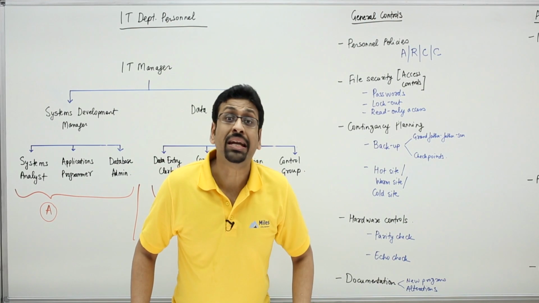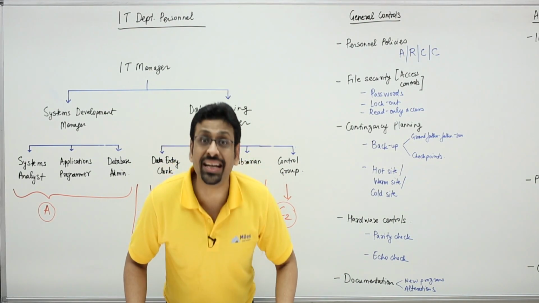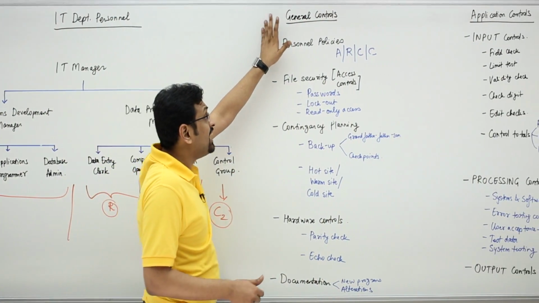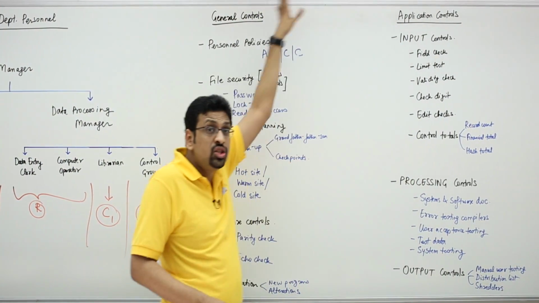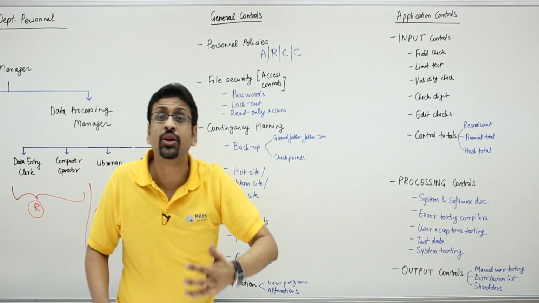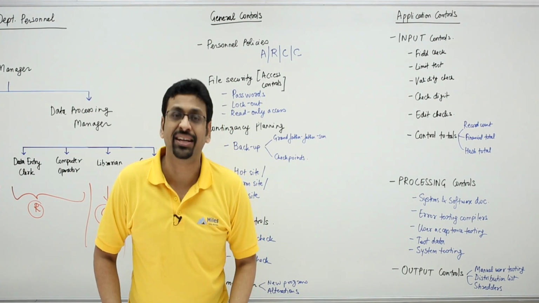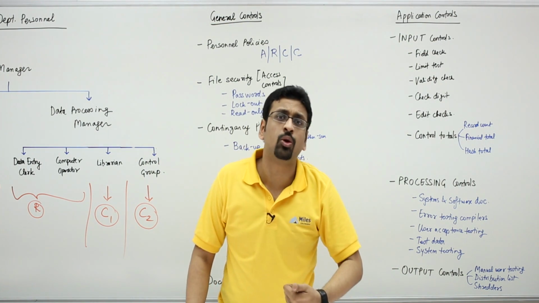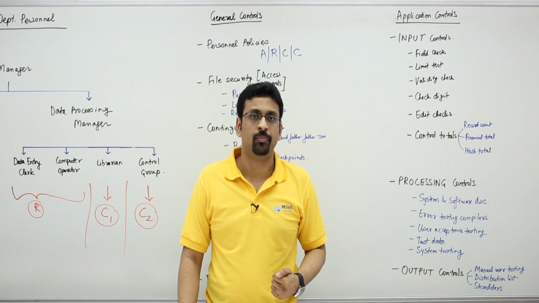Now let's look at important internal controls in IT environments. We're looking at general controls and application controls. General controls relate to the overall integrity of the IT system. Application controls relate to individual programs and users of the system.